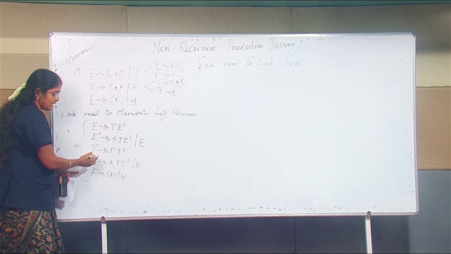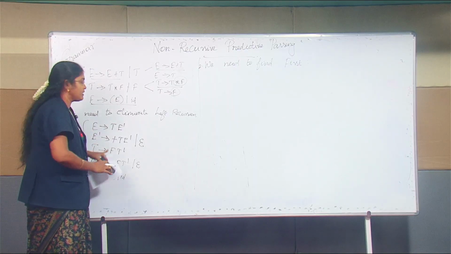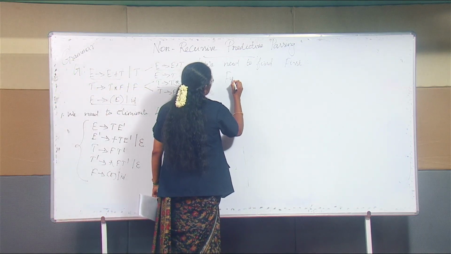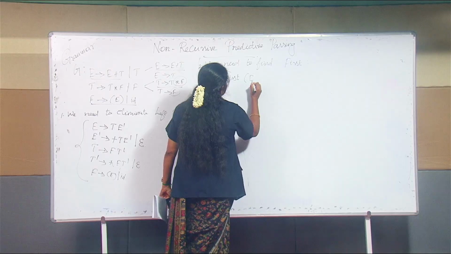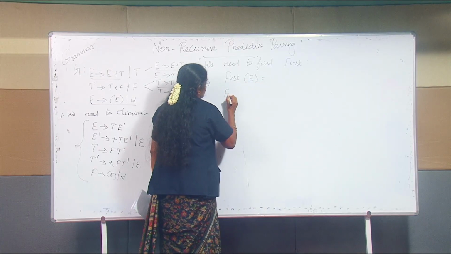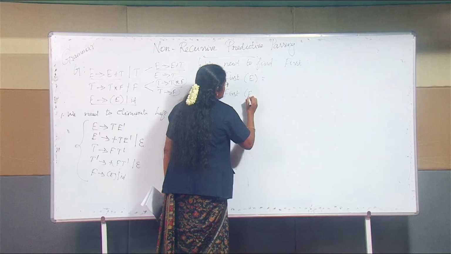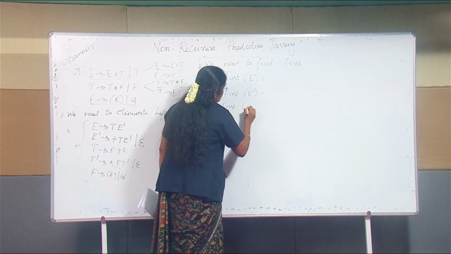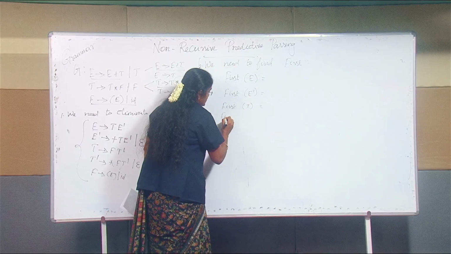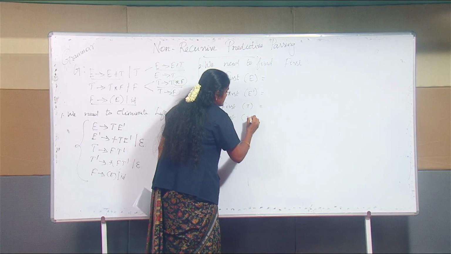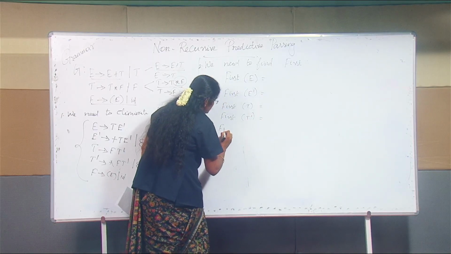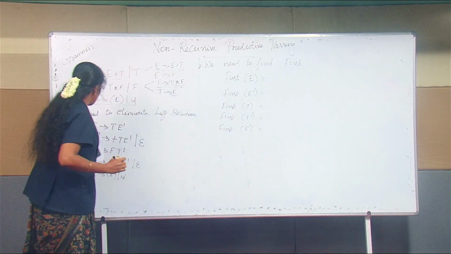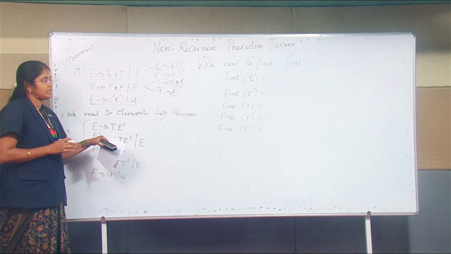E, E dash, T, T dash and F. For these we need to find the first: first of E, first of E dash, first of T, first of T dash, and first of F.